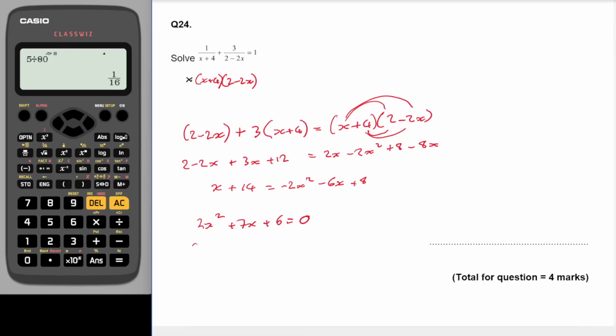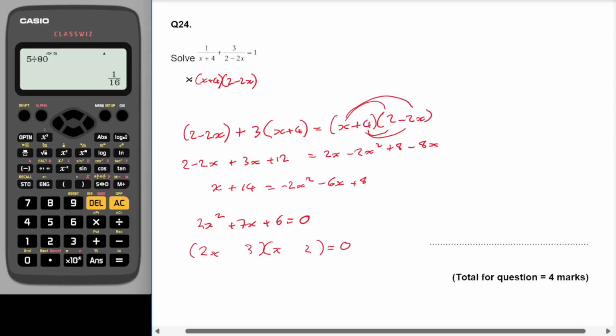And if I factorise that, then it's got to be a 2x and an x. Two numbers that multiply together to make 6 and add together to make 7, where one of them is a 2, would have to be 2 and 3. 2 there, 3 there. Plus and a plus.